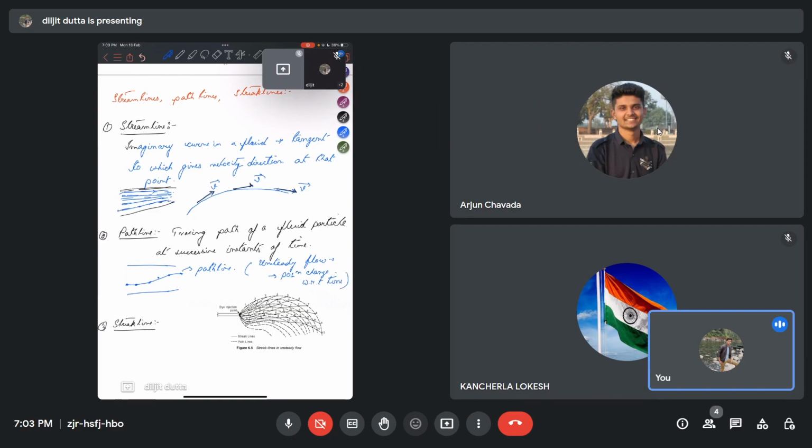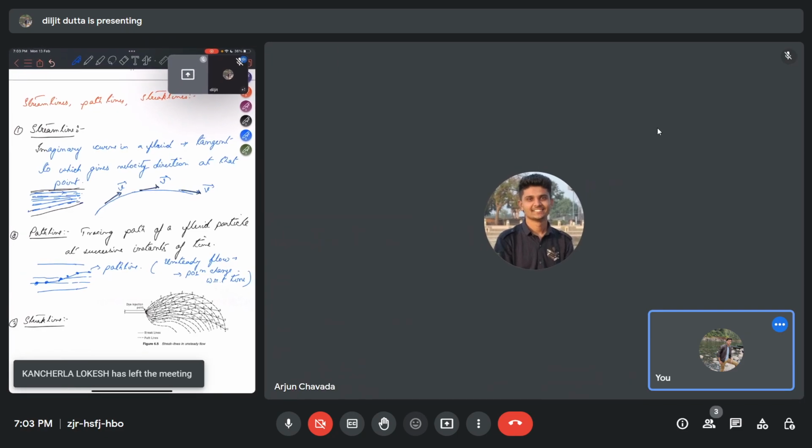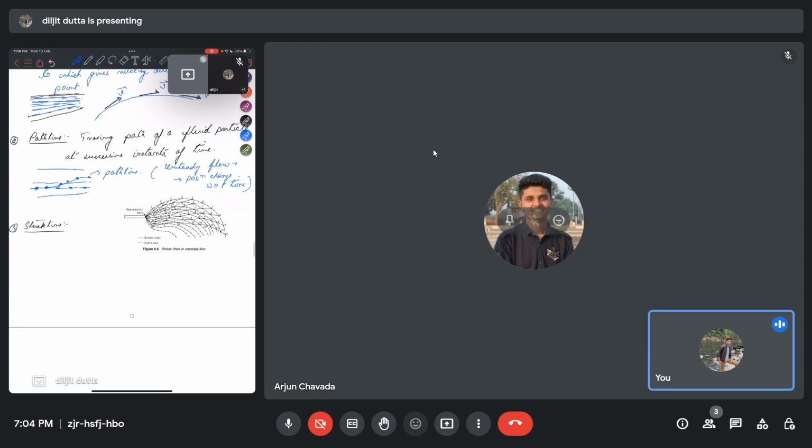So when the position is changing with respect to time, this particle might have one position here, at the next instant it might be here, but the fluid flow might be in this direction, while the particle is changing its position with respect to time. In that case, the path traced by one particle will not correspond to the streamline. But in the case of steady flow, the particle will be tracing the same path as the streamline, and both path line and streamline will be the same. I hope this is clear.